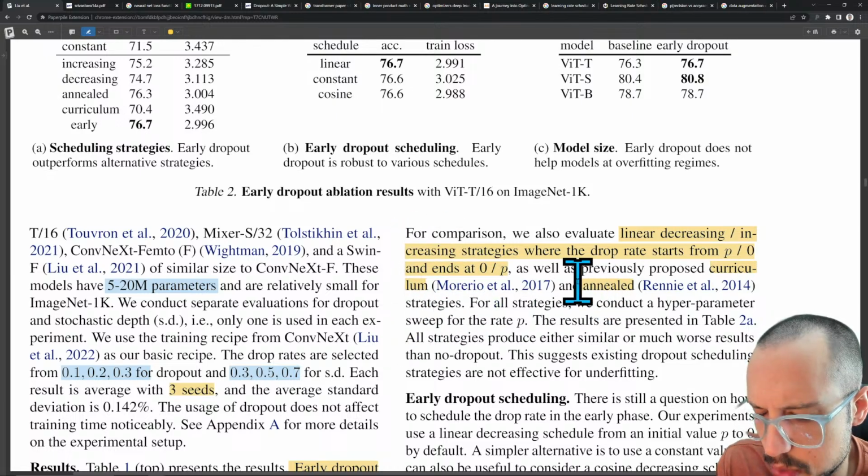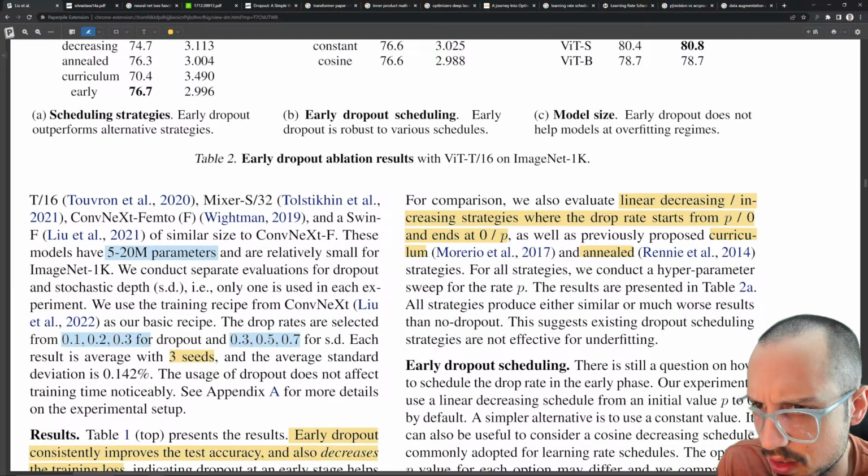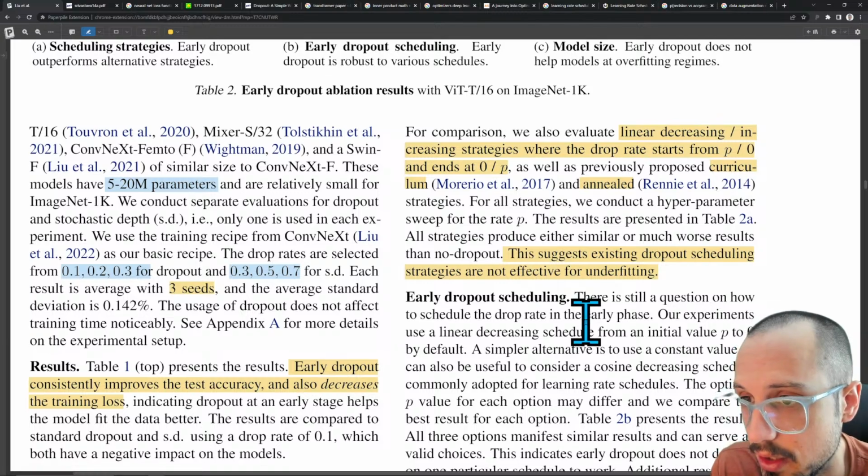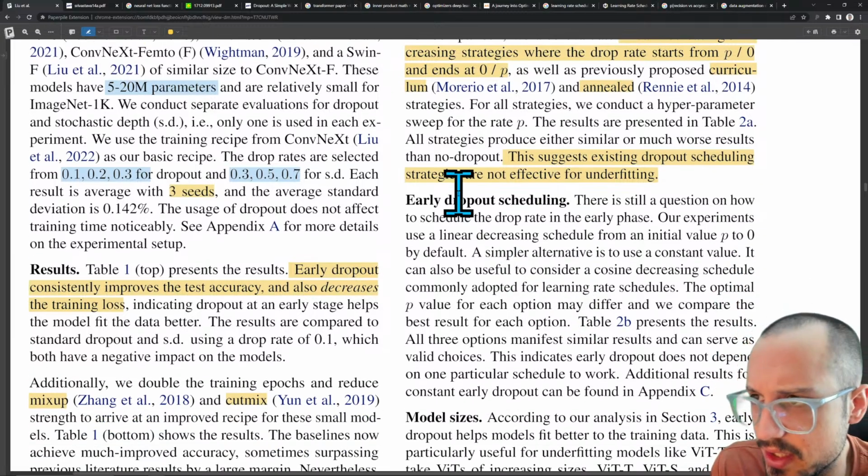Annealing is actually like a process you do with metals. It has to do with heat, the way it cools down. We conduct a hyperparameter sweep for the rate of P. Results are presented. This suggests existing dropout scheduling strategies are not effective. Okay, not effective on this problem maybe.